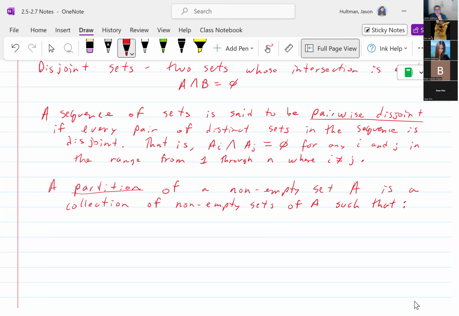The idea here is that we are creating something called pairwise disjoint, which just means that there's no overlap between the sets.